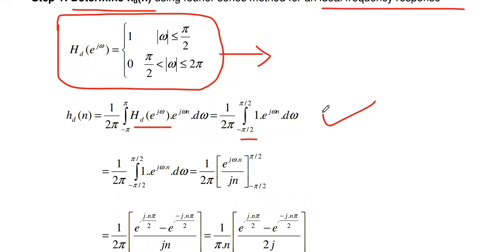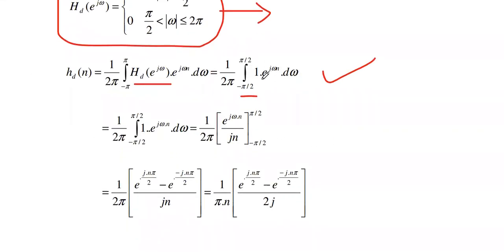So this integration is similar to the method we discussed in the ordinary Fourier series method as well as the various windowing technique methods. So in that, you just integrate it. If you are integrating e power j omega n with respect to omega, we get e power j omega n by j n, with the limit minus pi by 2 to pi by 2.